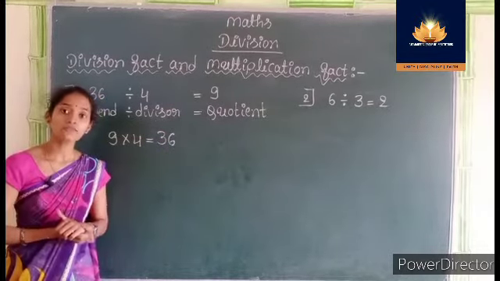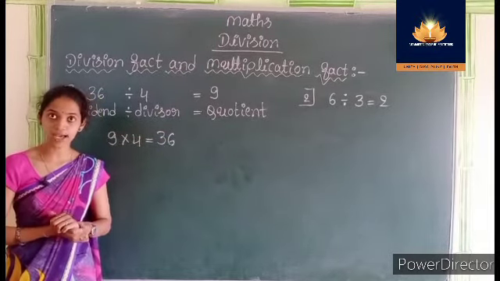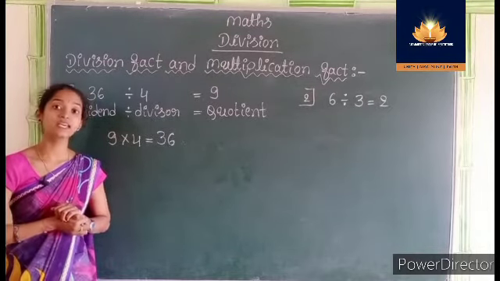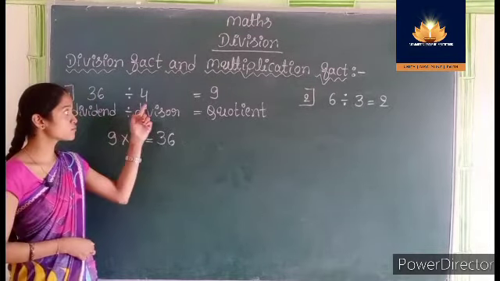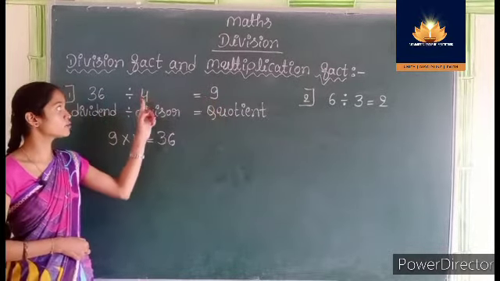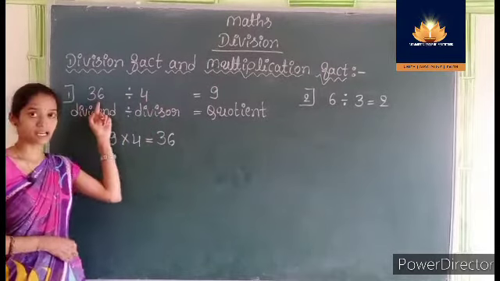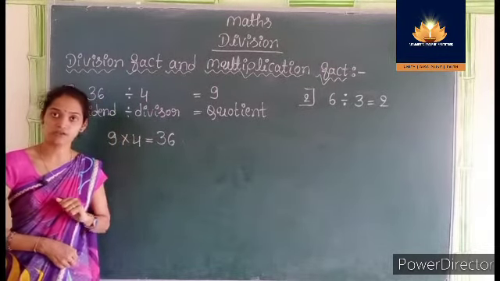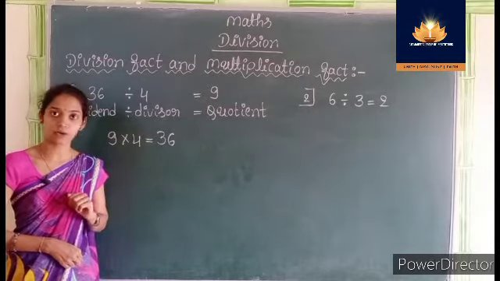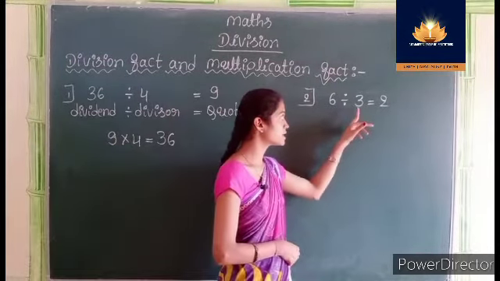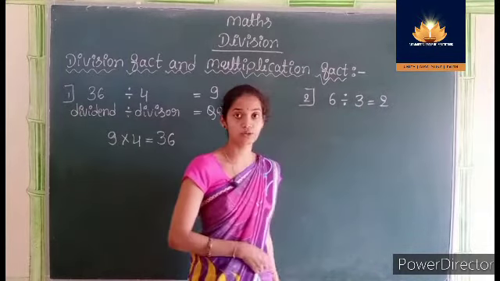9 into 4 is equal to dividend, that is 36. Or we will get a multiplication fact by multiplying two small numbers. Here the two small numbers are 4 and 9. By multiplying 9 and 4, we will get 36. Like this also we can write multiplication fact for division fact. Okay. Let us see another example. 6 divided by 3 is equal to 2.